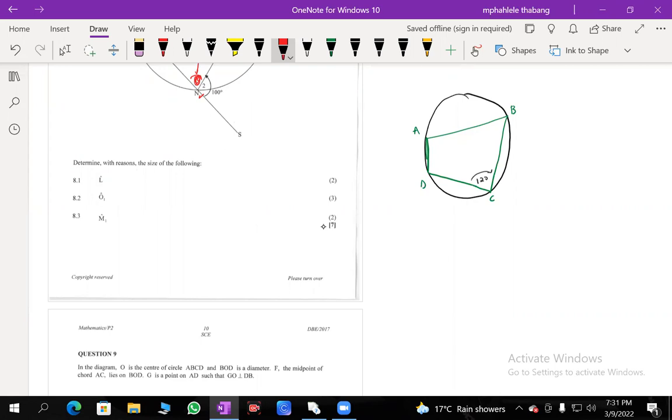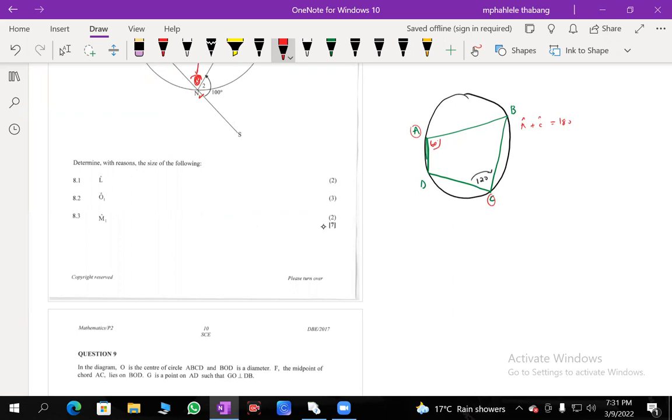It will be 60. Good. 60. It will be 60 because we say A is opposite to C. And because ABCD is a cyclic quad, angle A, when you add it to angle C, must give you 180 because these are the opposite angles of a cyclic quad.